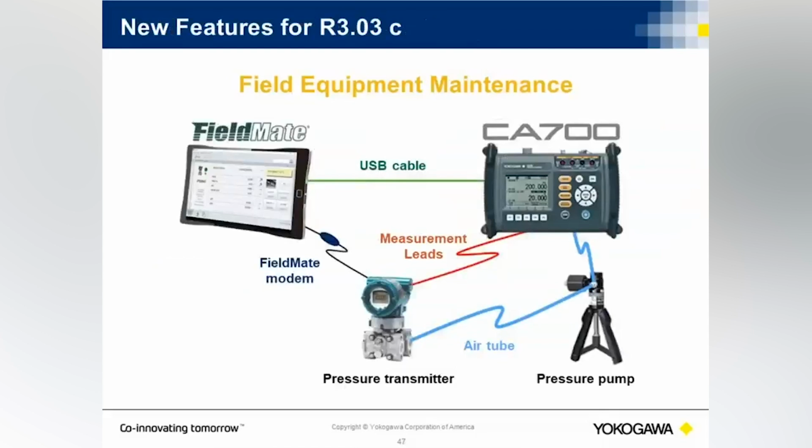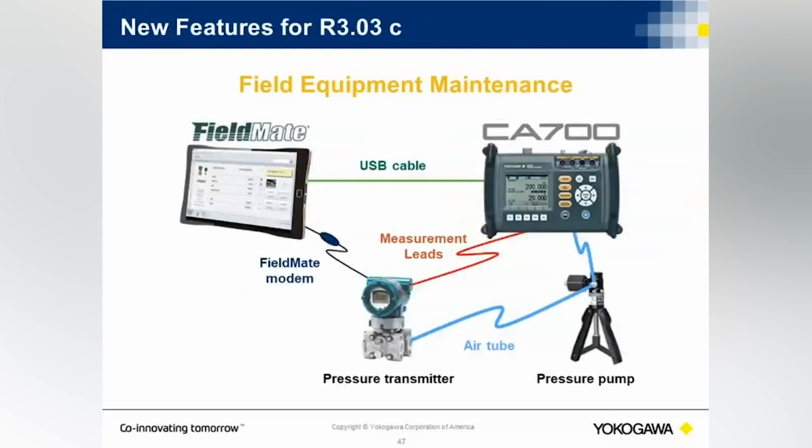So here's the overall block diagram of the 3.03 update. You see FieldMate connected to a CA700 via USB, and connected to a transmitter via USB to FieldMate modem. The CA700 then provides 24 volts DC out to the transmitter to power on the transmitter.